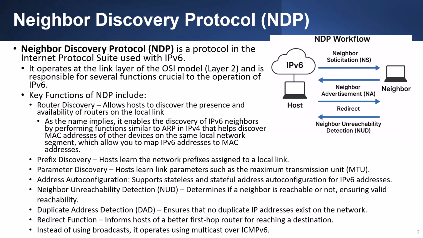Neighbor unreachable detection, or NUD, determines if a neighbor is reachable or not, ensuring valid reachability. Duplicate address detection, or DAD, ensures that no duplicate IP addresses exist on the network. Redirect function informs hosts of a better first hop router for reaching a destination. Instead of using broadcast, it operates using multicast over ICMP version 6.